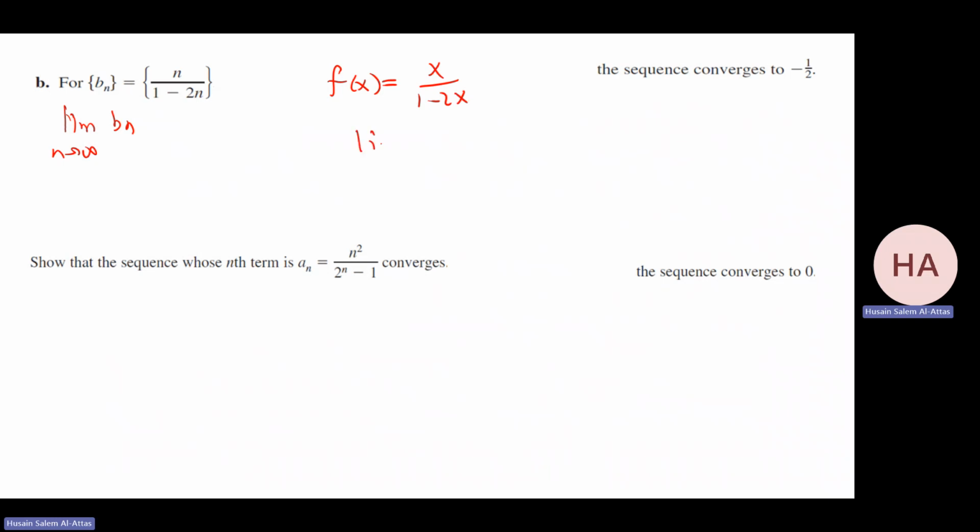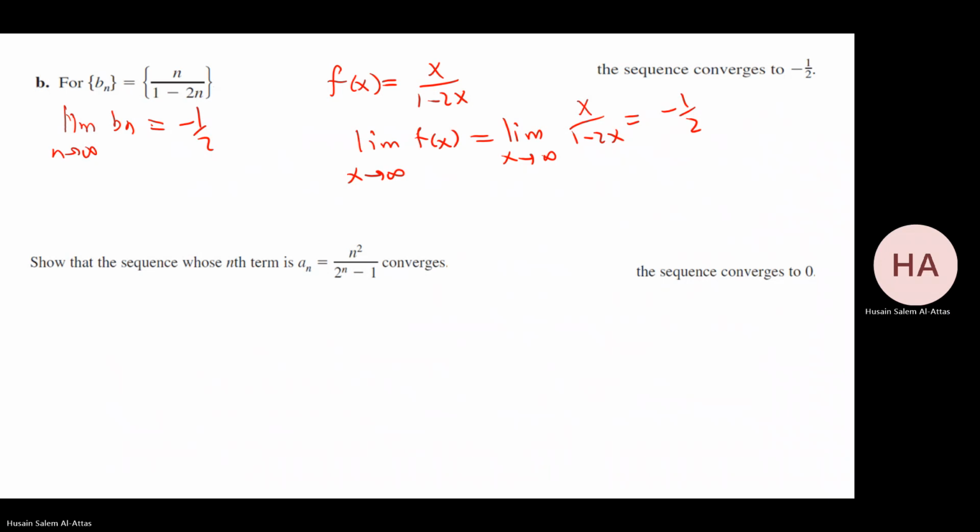So what is the limit of f of x as x goes to infinity? That will be the limit as x goes to infinity of x over 1 minus 2x, same degree, so that will be minus half. So the limit of b_n will be minus half. Okay. Next, n square over 2 to the power n minus 1.